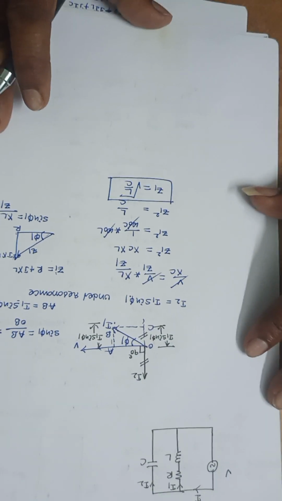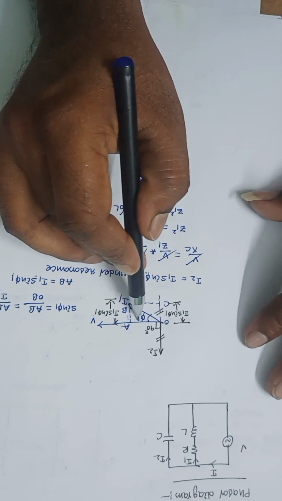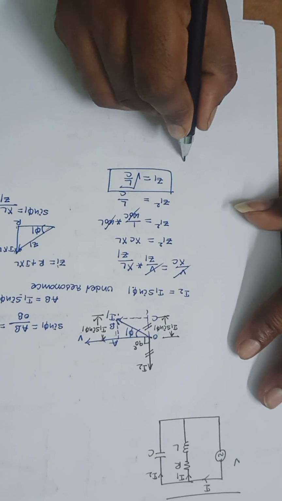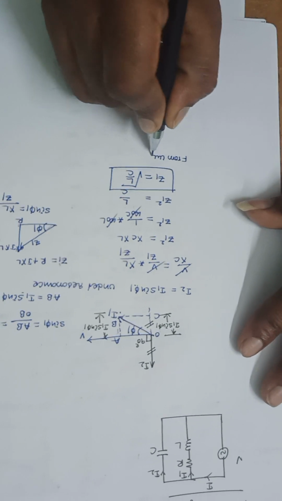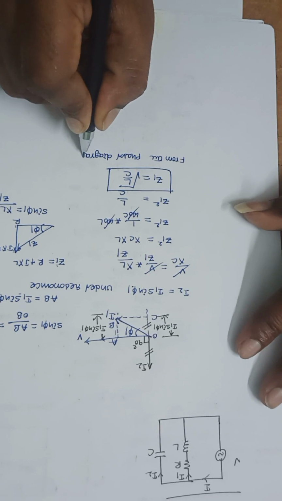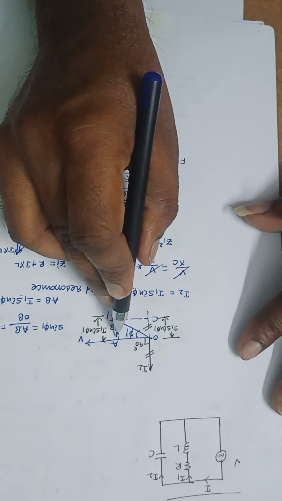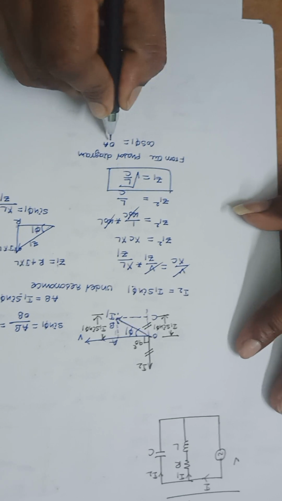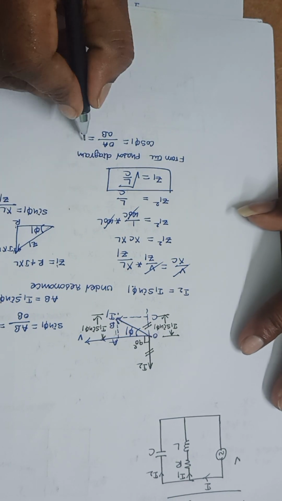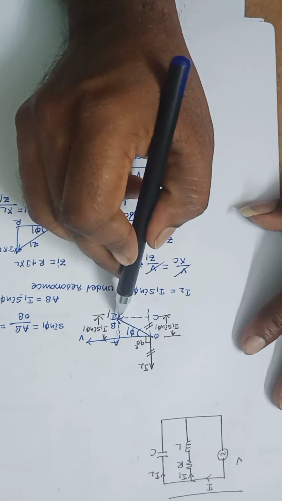We derived it. Next thing, if you find the cos phi 1 from the phasor diagram, what is cos phi 1? Adjacent by hypotenuse. OA divided by hypotenuse is OB. So OA divided by OB, OB is nothing but I1 here.